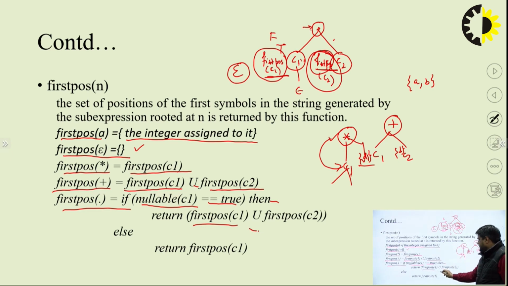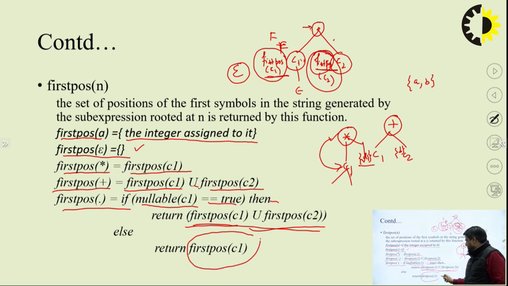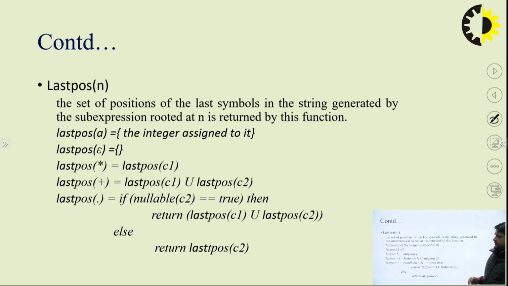So union first position of C2, right? Otherwise, if it is false, meaning C1 is not nullable, then it depends totally on the first position of C1, right?